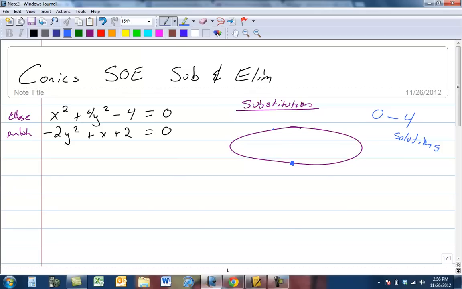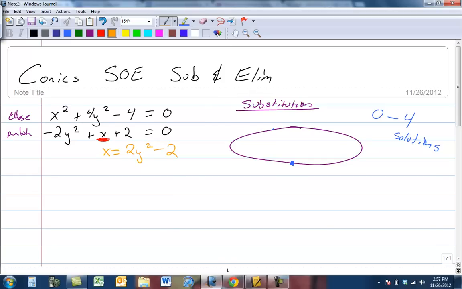But we're going to solve this by substitution. Now, substitution is just like it was with lines. We need to get something by itself. So look at these two equations, and what is the easiest thing to get by itself? I would argue that this bottom x would be the easiest. If I get this bottom x by itself, we get x equals 2y squared minus 2.